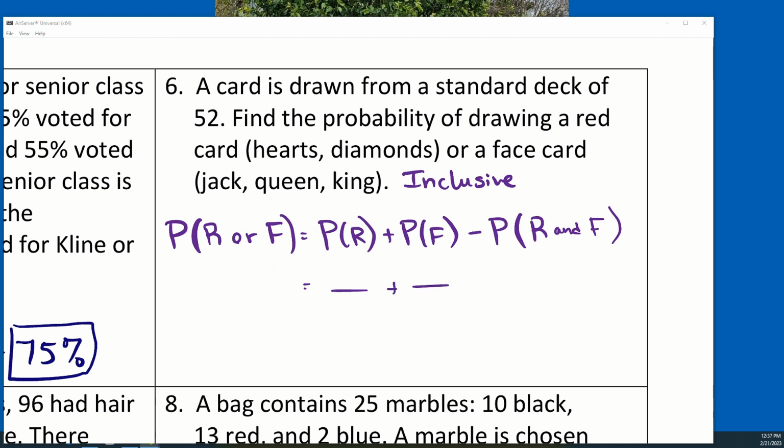Now what I like to do on these is just go ahead and make 3 fractions. So a fraction plus a fraction minus a fraction. And because there's 52 cards in the deck, I'm going to put 52 on all of my denominators.